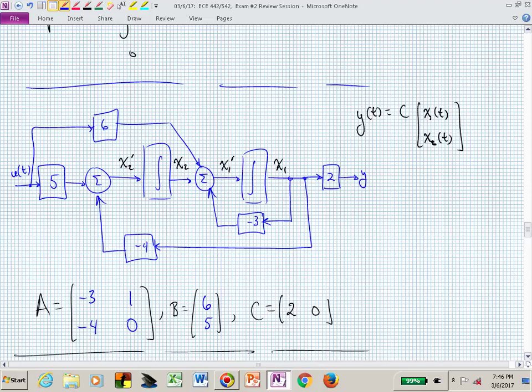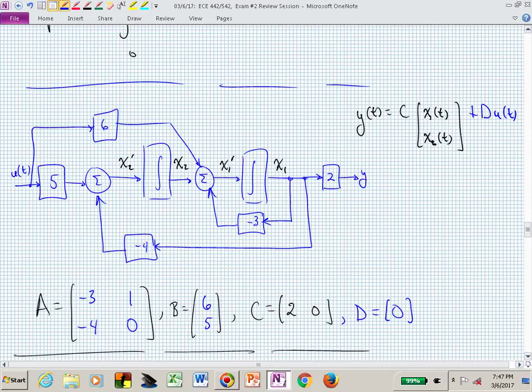Questions on finding A, B, and C, and D. In this case, D is a 1 by 1 matrix that's 0, that's scalar. Pardon? What is D? D is in this equation where we had D U of t.